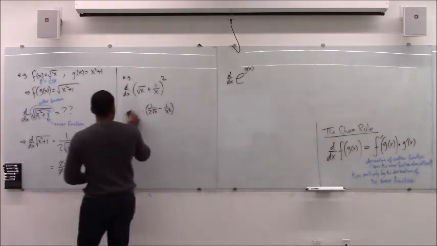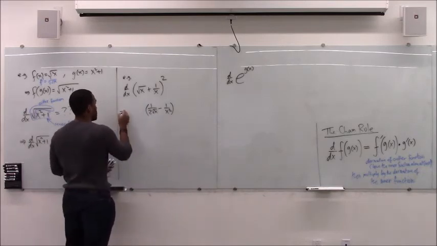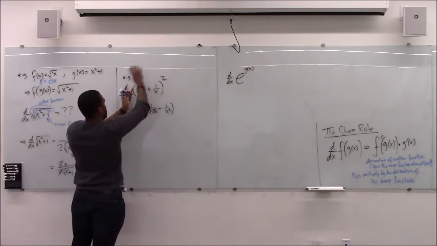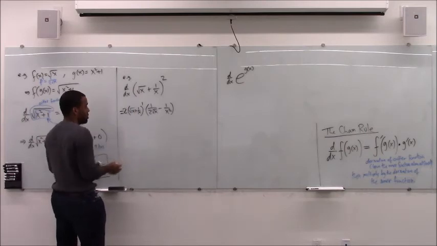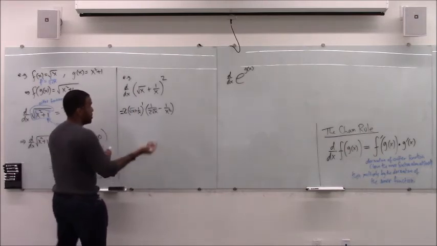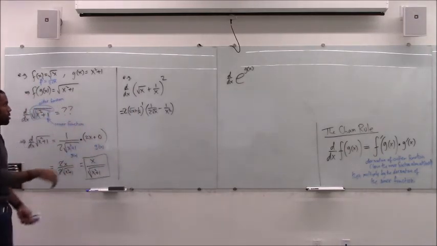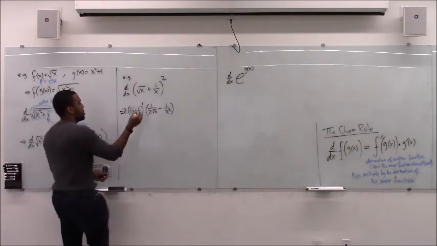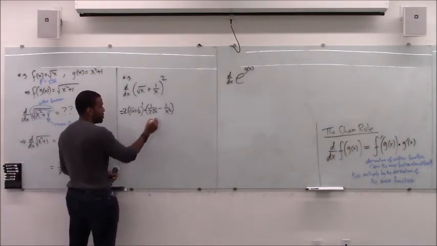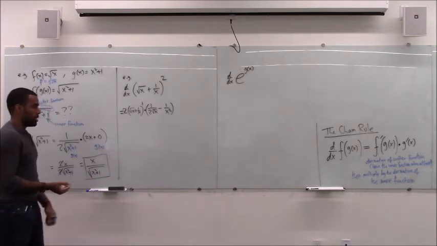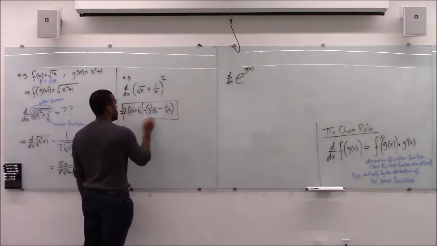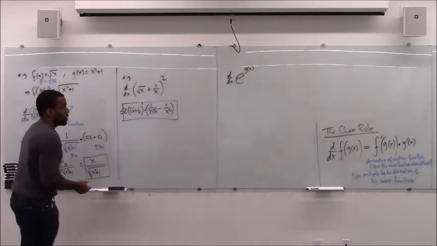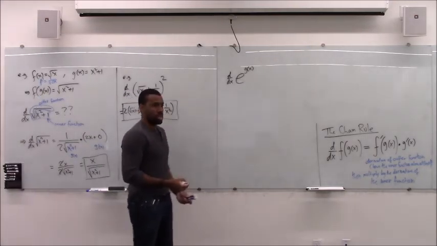So the derivative of the outer, if I just think of this as something squared, the 2 comes down, it's 2 times that thing to the 1 power, right? Because the derivative of x squared is 2x to the 1 power. So now you multiply after that by the derivative of the inside. So that's what the answer would look like. So it's going to be 2 times this times that. What would the derivative of this look like?